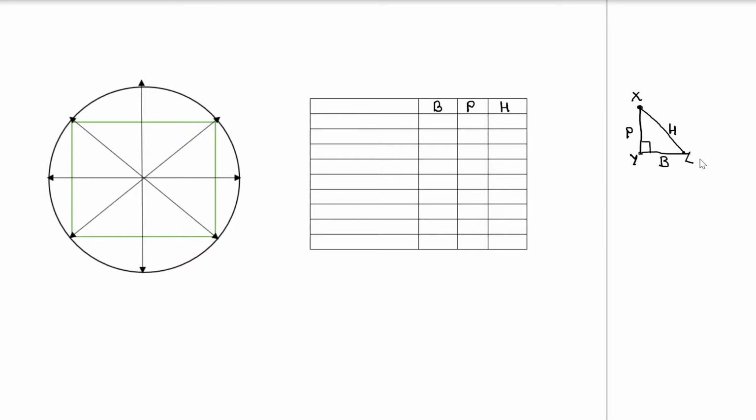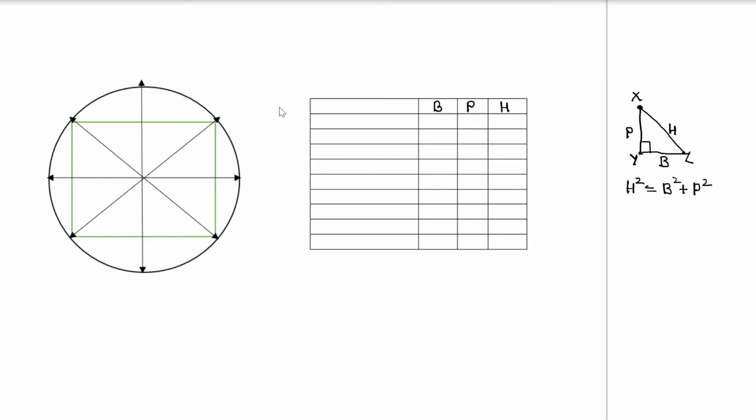Now we are already aware of the fact that H square, the hypotenuse square, is equal to B square plus P square, which is the square of the base plus the square of the perpendicular. Right? We are already aware of this.